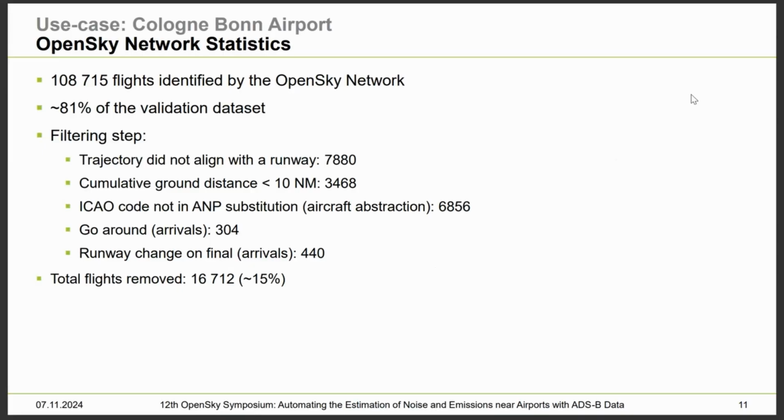I think that is probably because of some entries or errors in the aircraft database, because when I did the same exercise for the validation dataset, 99% of flights from the validation dataset were able to be attributed to one of these ANP substitution aircraft.